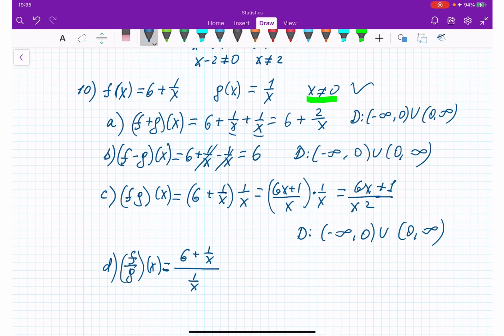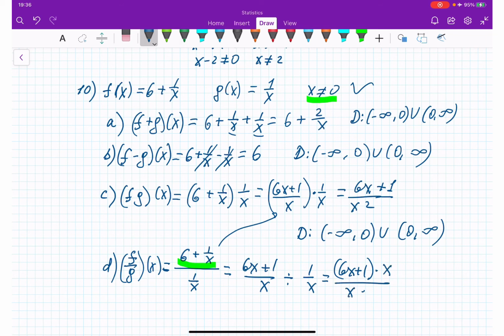So 6 plus 1 over x, we already know, is 6x plus 1 over x, right? And we divide by 1 over x. To remind you, 6 plus 1 over x is the same thing as 6x plus 1 over x. We already simplified there, brought to common denominator. Now if I divide, I will get 6x plus 1 times x, and here x times 1.